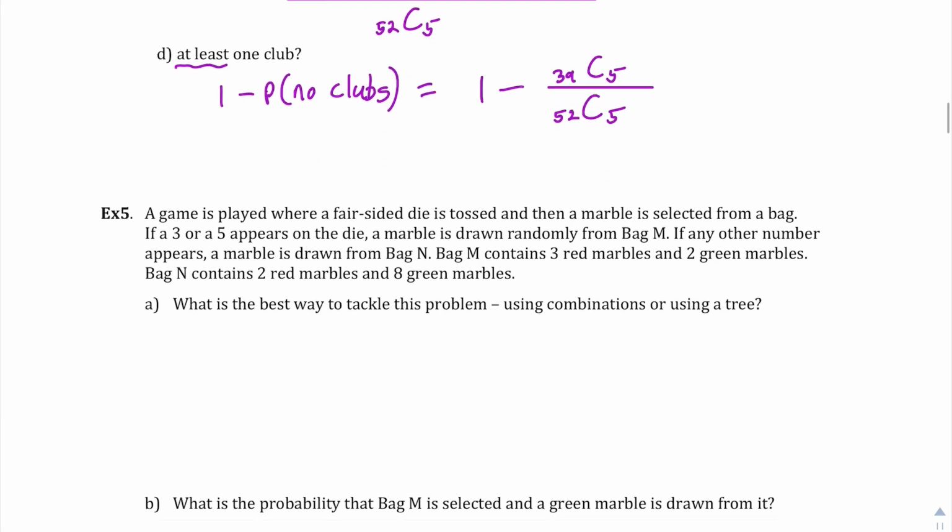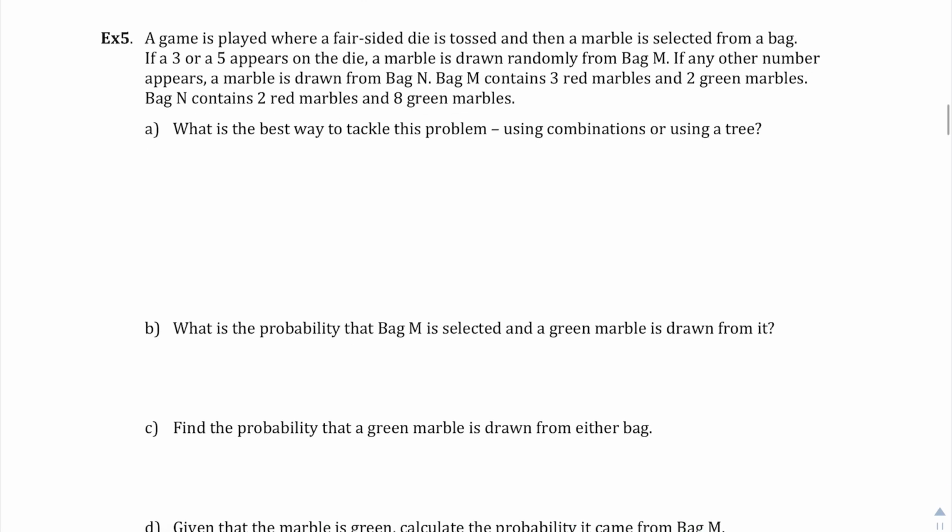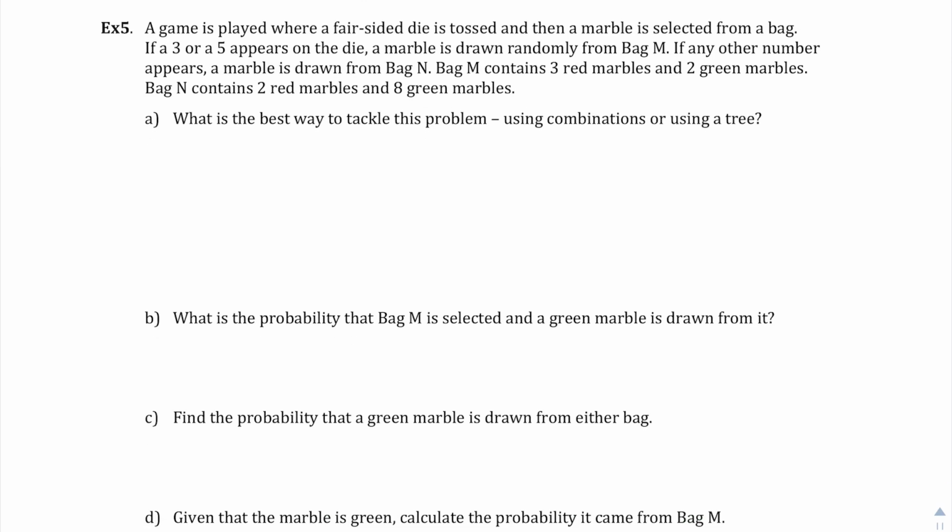Okay, I'm going to skip over example 5, very much the same kind of example as we've done before. The question is simply asking whether we should use combinations or a tree diagram, and in this case we're going to be using a tree diagram, because we've got a multi-stage event here.